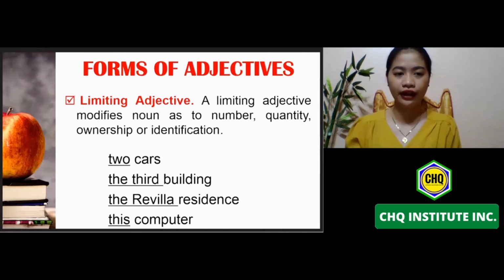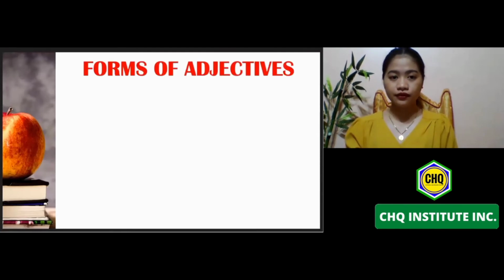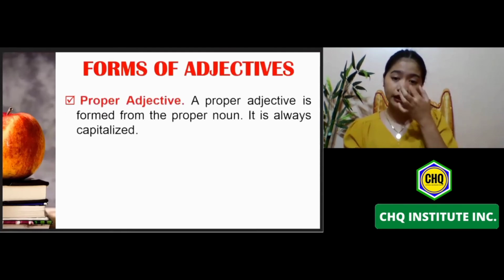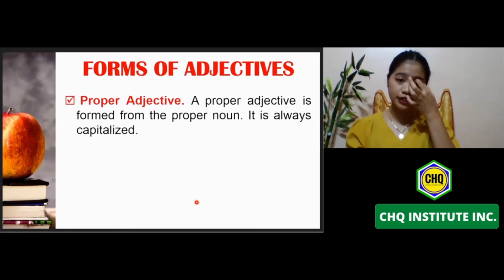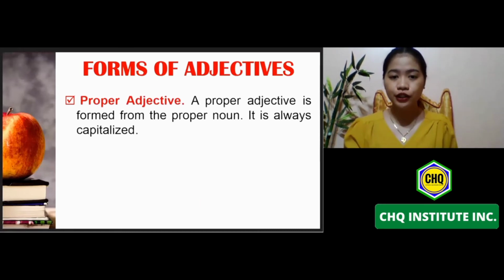Okay, let's proceed to another form of adjective. The next one will be the proper adjective. When we say proper adjective, this is a form from the proper noun. So when we say proper noun, it is always capitalized.